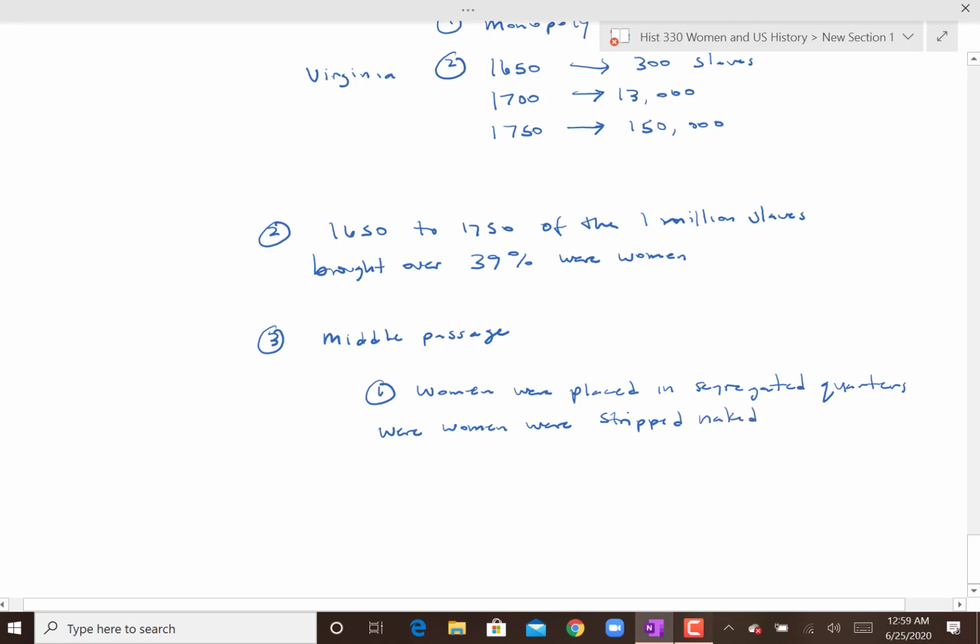So you were naked for pretty much most of the journey. And because of this and because they were women, they were often terrorized, sexually assaulted, and raped during the voyage.